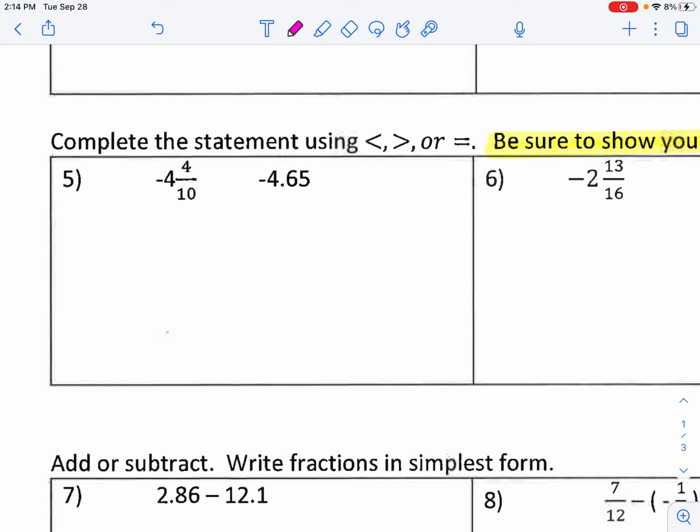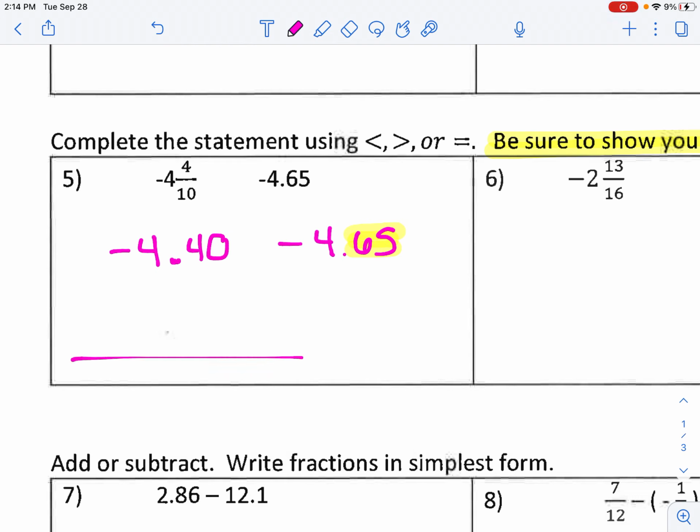So what I could do is convert -4 4/10 to a decimal. So -4 4/10 as a mixed number is equal to -4.4 as a decimal. Well, over here, I have -4 65/100. Since this number has 2 digits past the decimal, I'm going to add a 0 behind that 4 to make those numbers more similar.